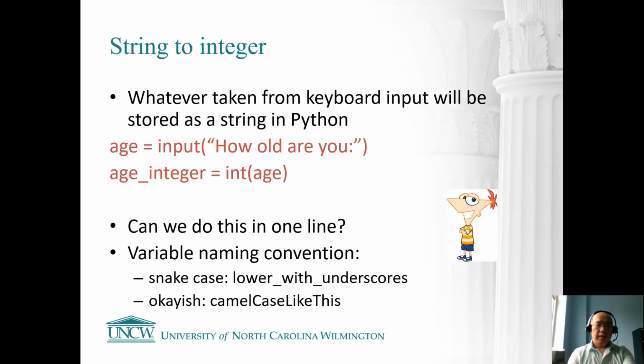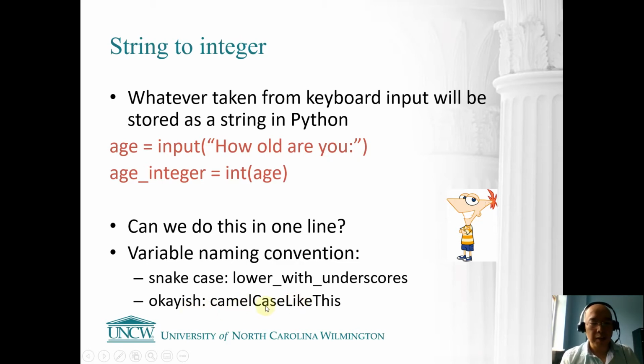Okay, so the next thing is when we do the age_int, we are using a specific style of variable naming that is called snake case. The snake case is just one lowercase word, underscore, another lowercase word, underscore, another lowercase word. In Python, this is the convention in most cases, and there is also another style called camel case style.